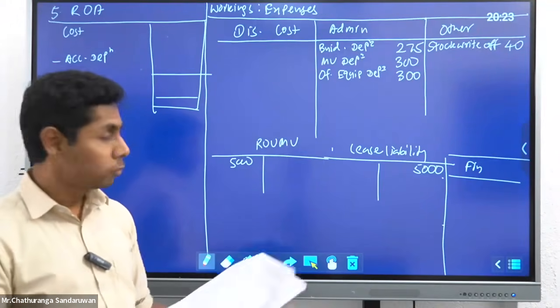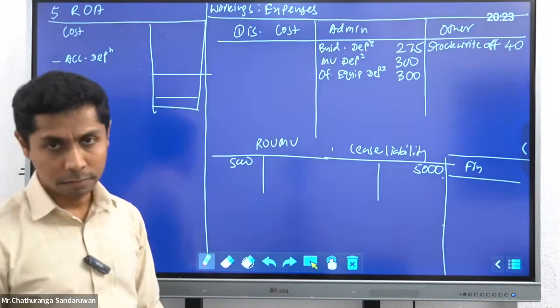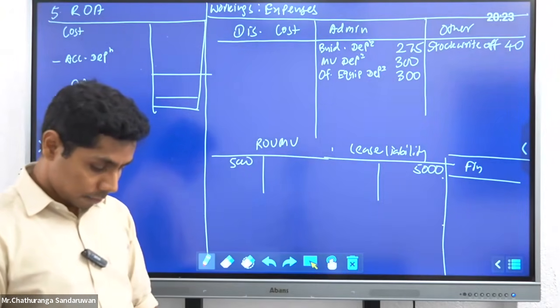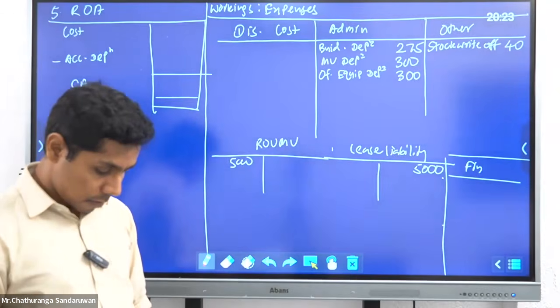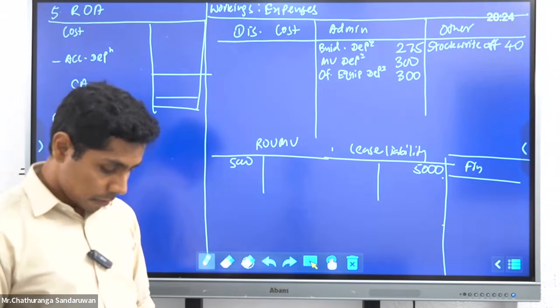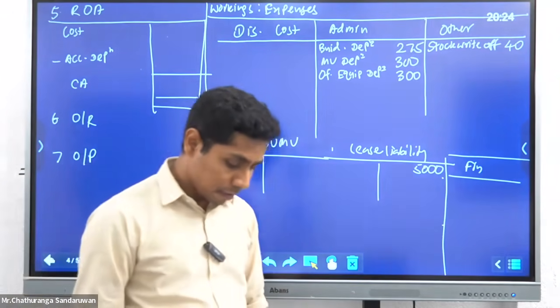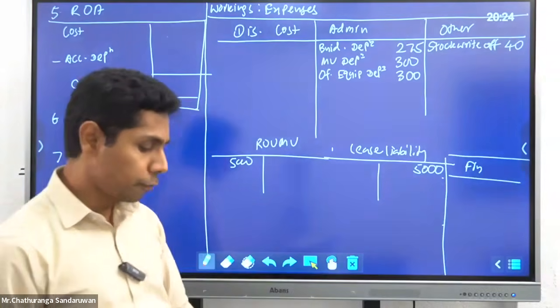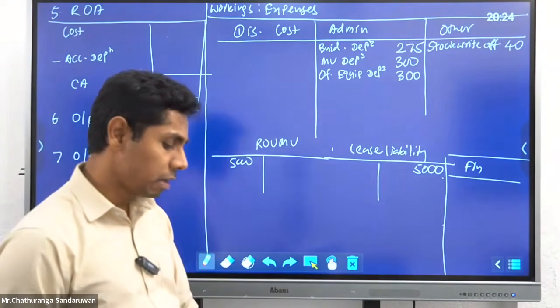So that has been recorded to the asset account and lease liability account. All right. And then the next sentence says, according to the lease agreement, 5 equal annual installments of 1,600 each are payable.